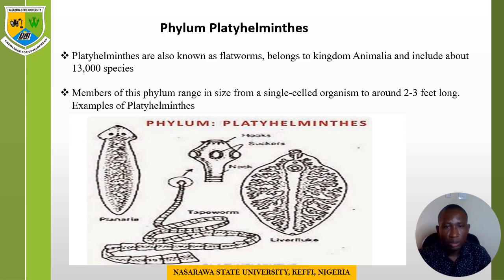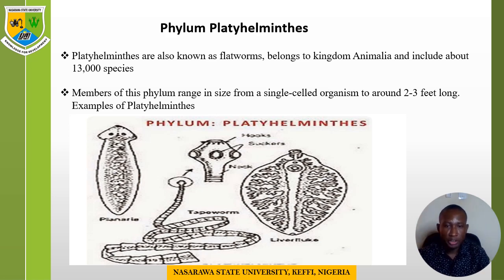The topic for this week is going to be on phylum Platyhelminthes. Phylum Platyhelminthes are generally regarded as flatworms, belong to kingdom Animalia, and have about 13,000 species.